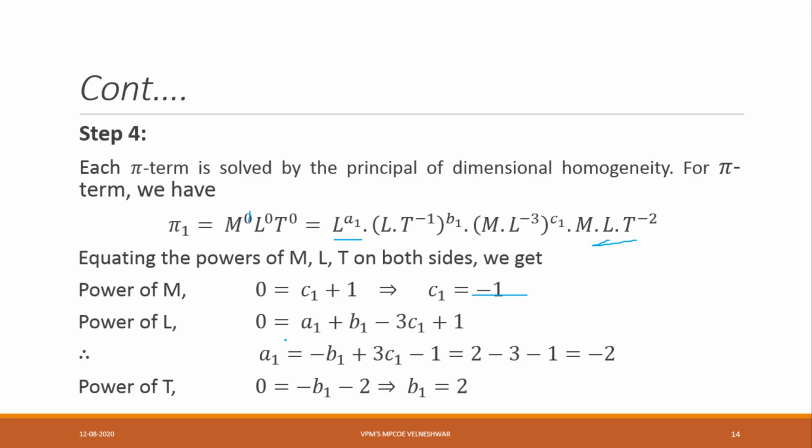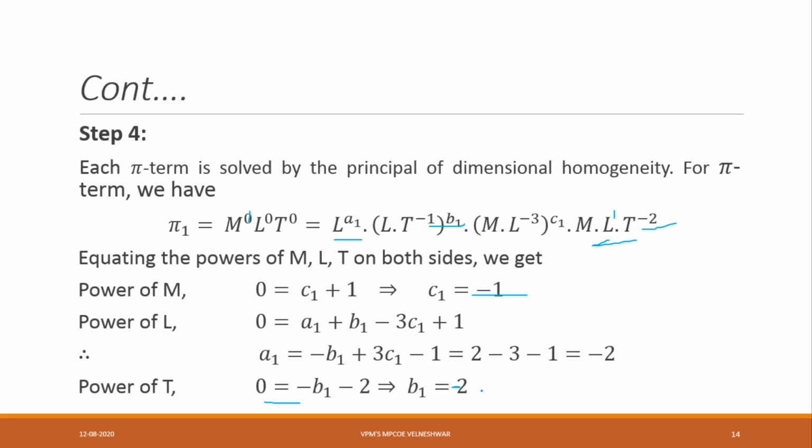Power of L, that is 0 is equal to A1 plus B1 minus 3 C1 plus 1, here only one value is there. Next, power of T is equal to 0, that is minus B1 minus 2. Now if you see here C1 is equal to minus 1, B1 is equal to how much value will come? Minus 2 it will come.